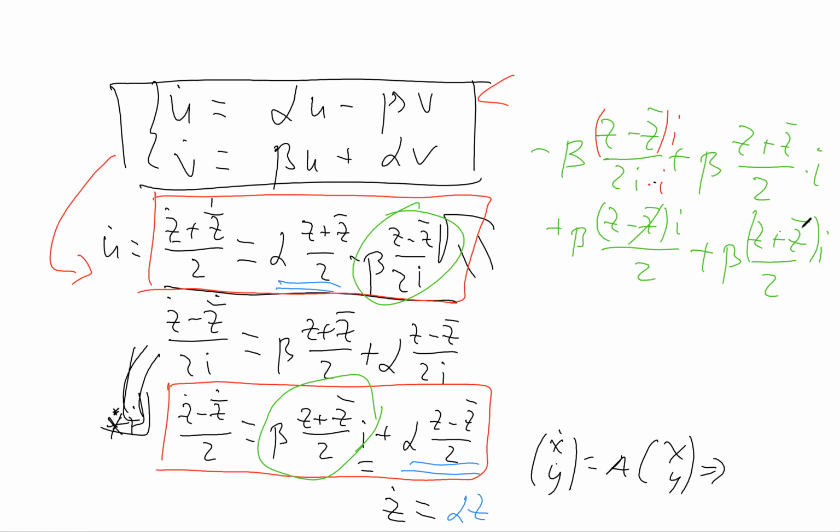So this guy and this guy cancel, and we will have beta z i. So I will put it here now: plus i beta z. So alpha plus i beta is lambda, so I will call it lambda times z. So this is what we got at the end.